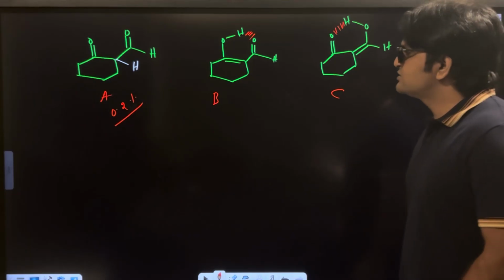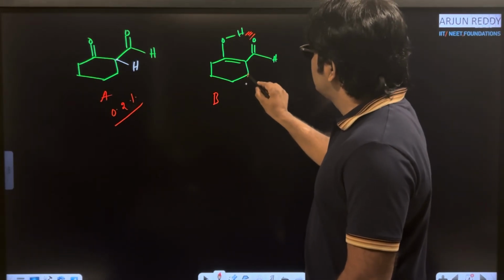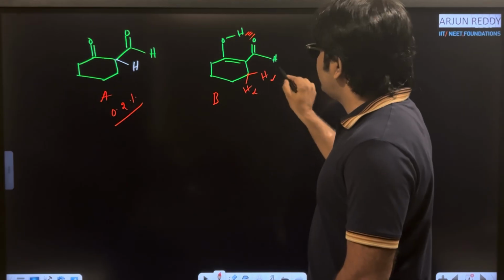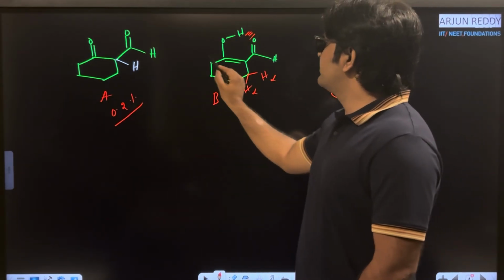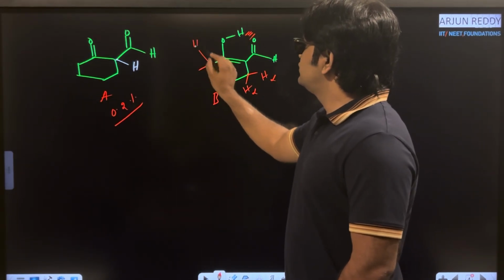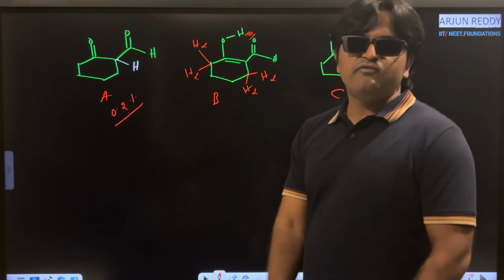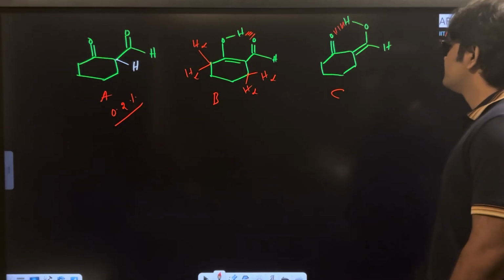But if you look at first the B molecule here, there are two hydrogen atoms. These are taken as alpha hydrogen atoms according to hyperconjugation, right? Here also two alpha hydrogen atoms are there. Now these are designated as alpha hydrogen atoms. Clear?